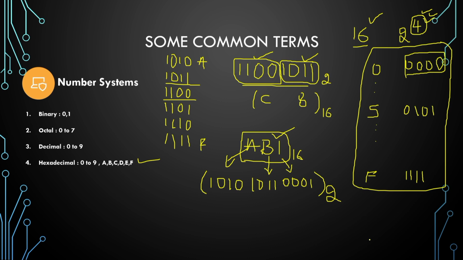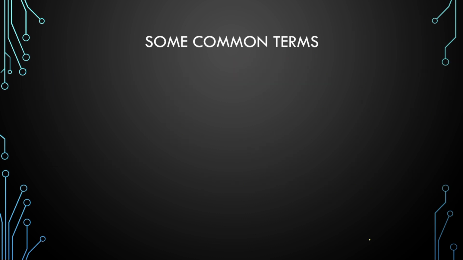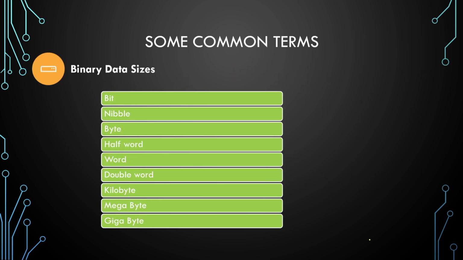Let us see what we are seeing now: the binary data sizes. What is data size? Data size is nothing but how many bits a data is holding. Like if we say 1100, we can say the size of this data is 4 because it has 4 digits.